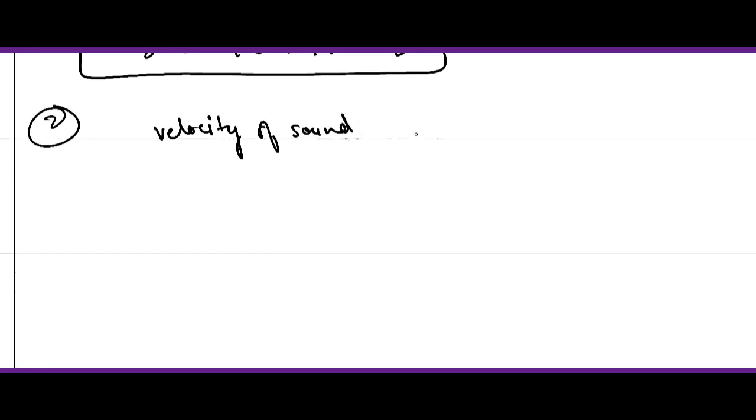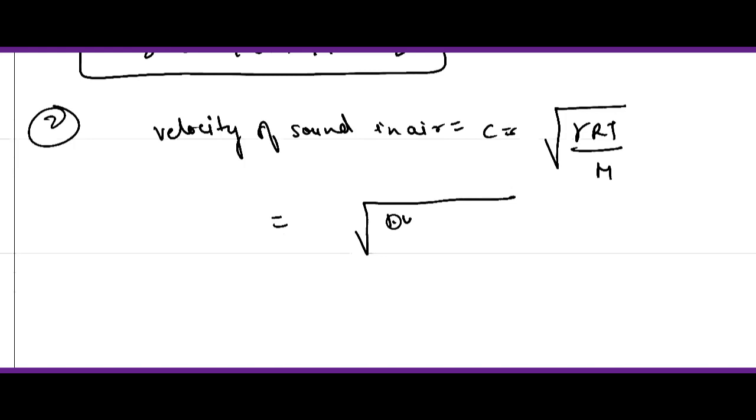So, the velocity of sound in air is given by C equal to the square root of gamma RT by M, where M is the molecular mass. Now placing the values, we will get 1.4 into 8.31 into 20 divided by 28.8 into 10 to the power minus 3.